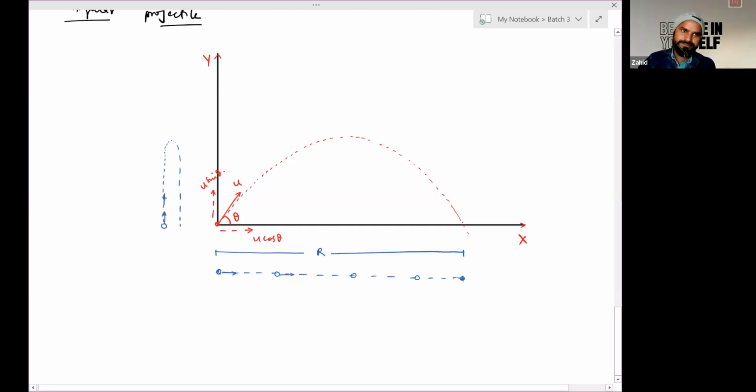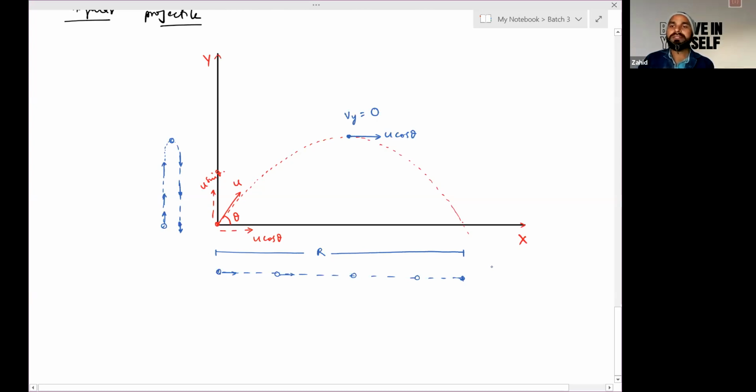So it will move up due to u sine theta to reach this highest point and then return back to hit the ground. So we can say this body has movement both along the x-axis as well as the y-axis. At the highest point, the vertical component of velocity will be 0. So it will be left with only the horizontal component, that will be u cos theta.